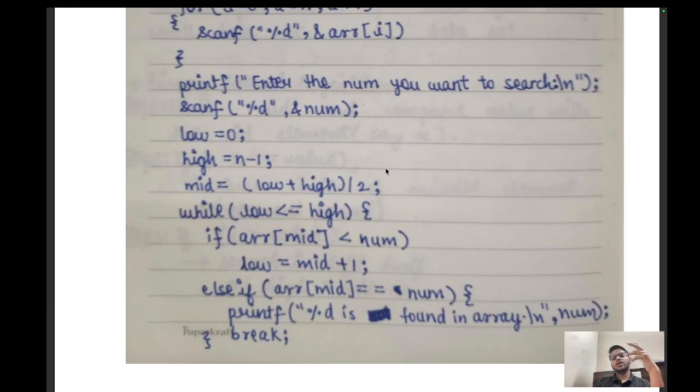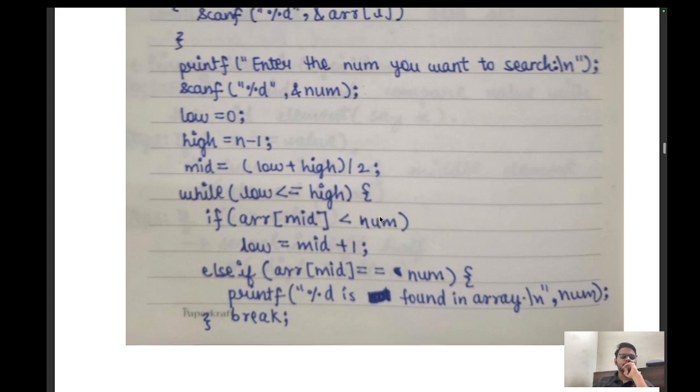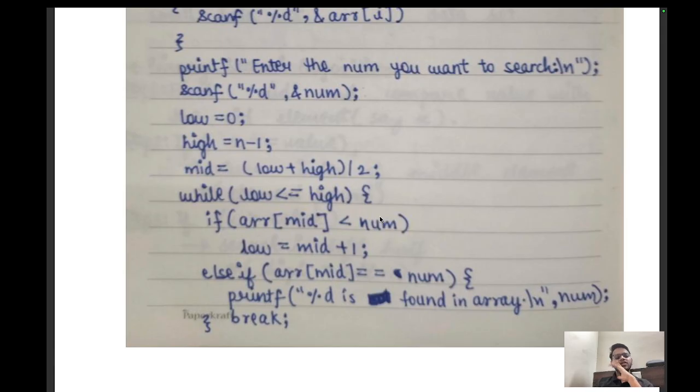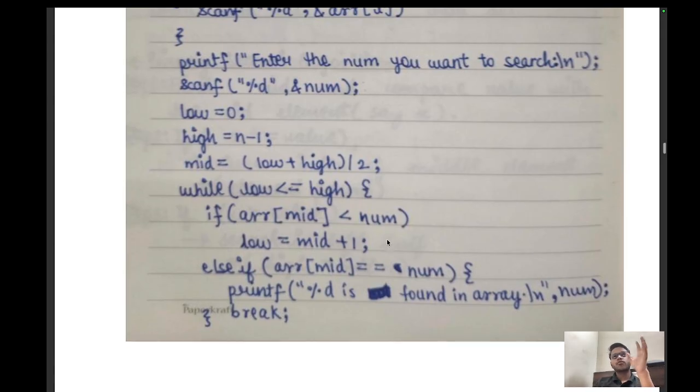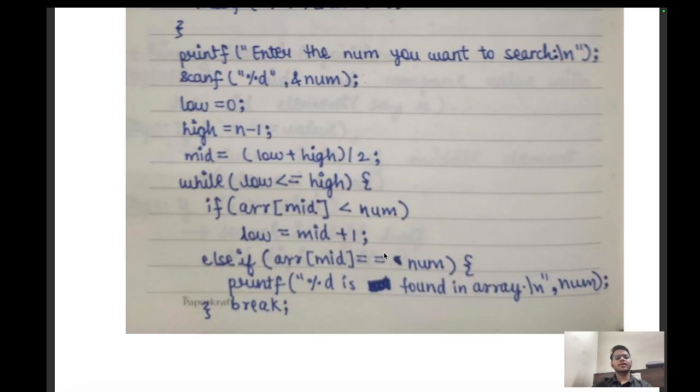The user will enter a number, and you will store it into num exactly as we did before. In the initial stage, you have to set low equal to 0, because we know that the array starts from index 0.